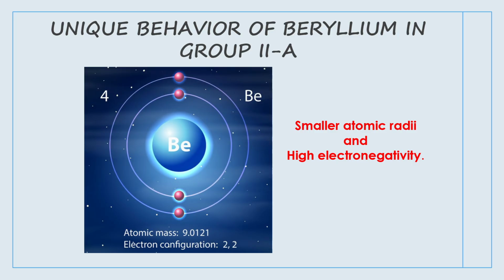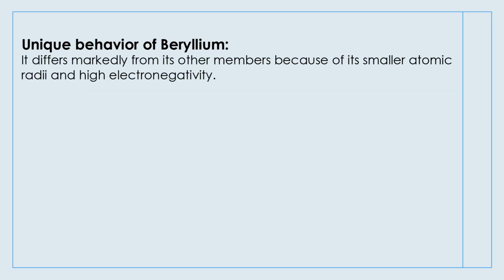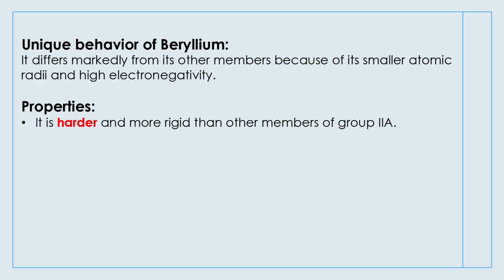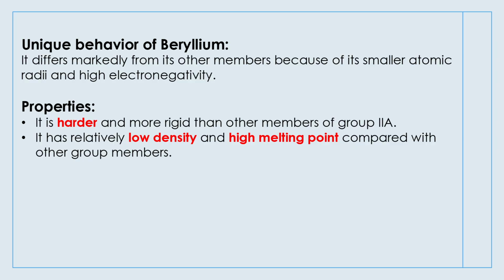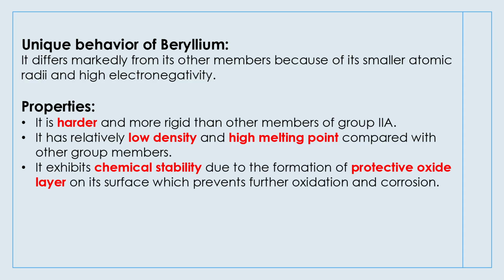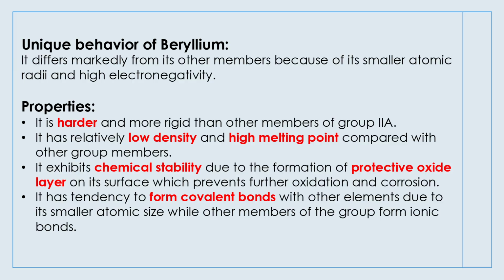I have also mentioned the answer. For the properties, you can easily write that it is harder and more rigid, has low density, high melting point, chemical stability, and formation of a protective oxide which prevents oxidation and corrosion. It forms covalent bonds with other elements, while the other members of the group form ionic bonds.